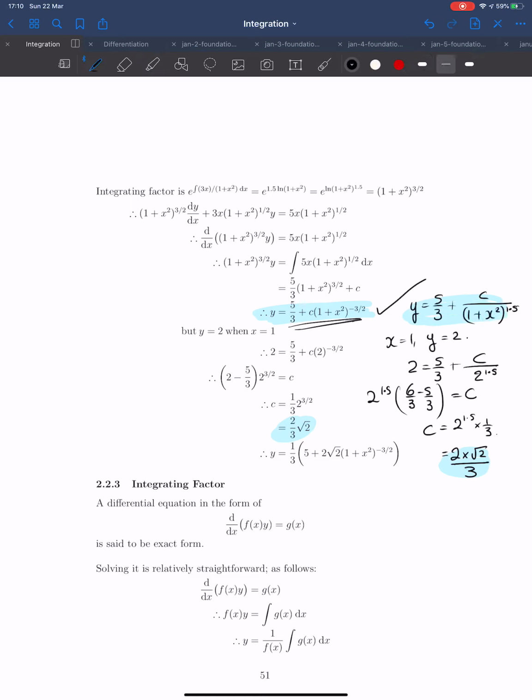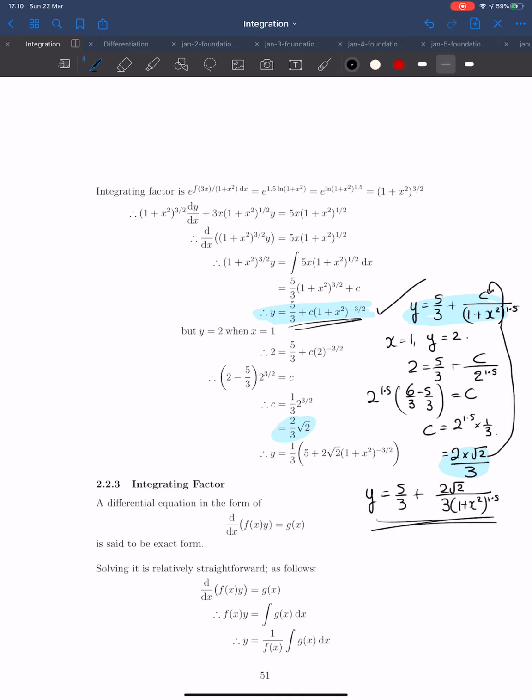So we can end up with y is substituting. So basically that c is going back into there. 5/3 plus 2 root 2 over 3, 1 plus x squared to the 1.5. Okay, now that's the answer.